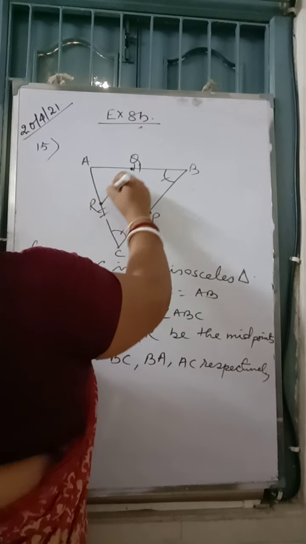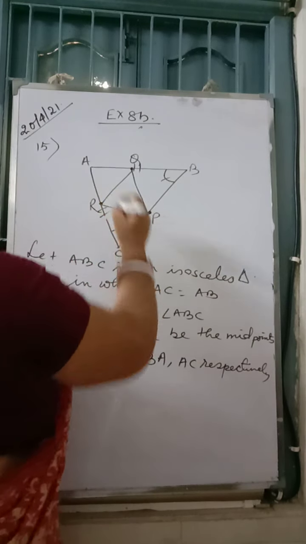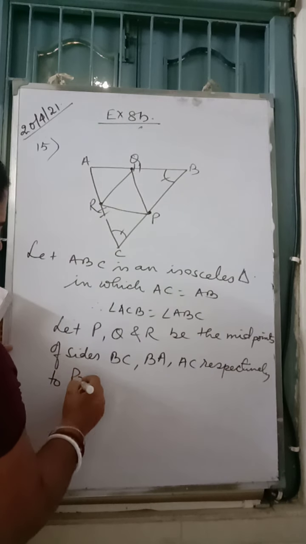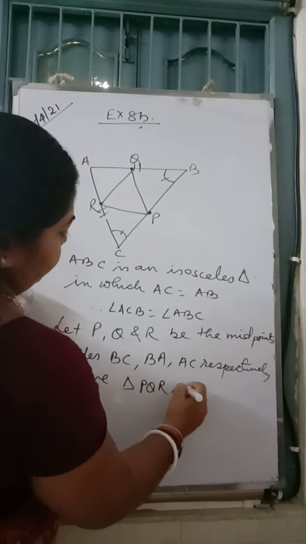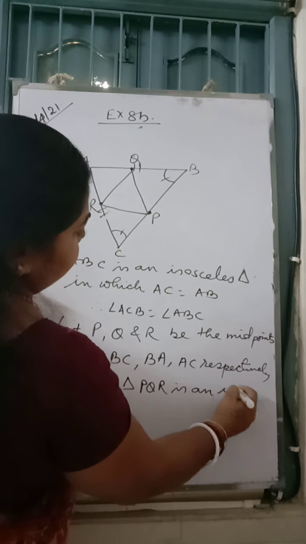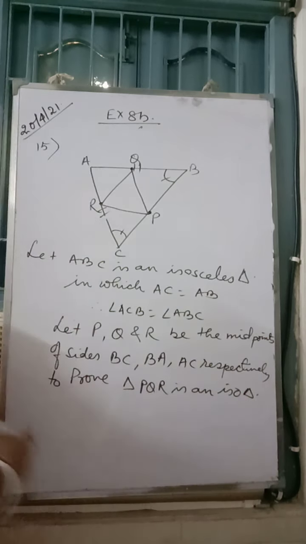To prove: triangle PQR is an isosceles triangle. Okay.